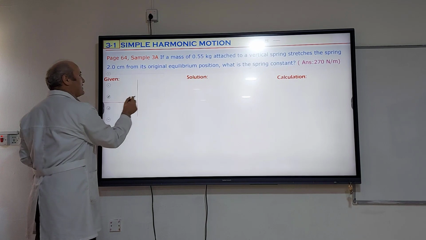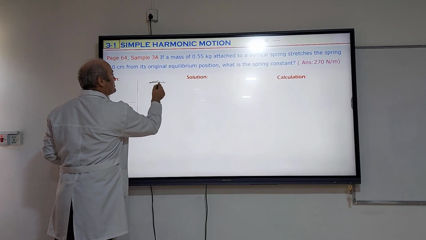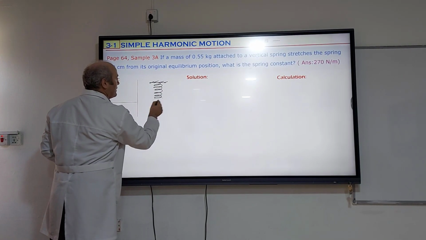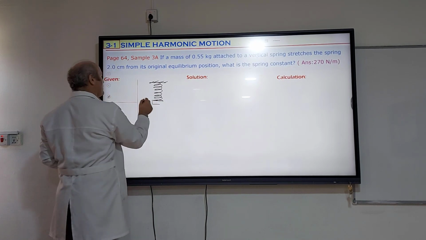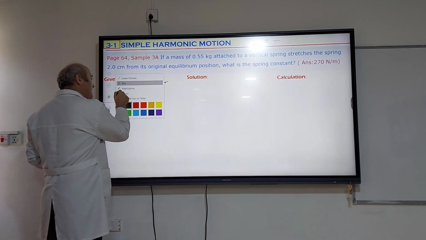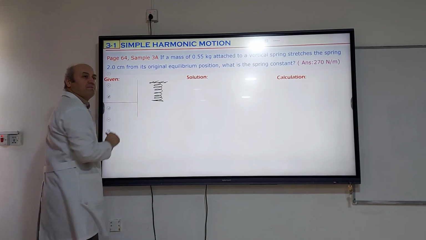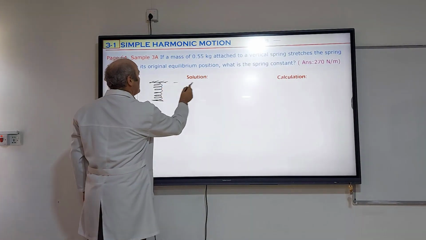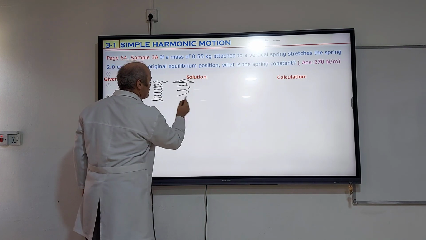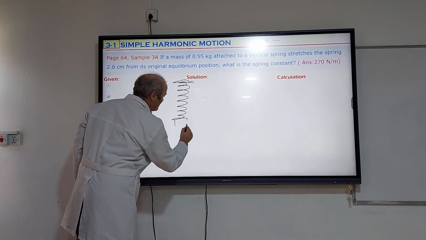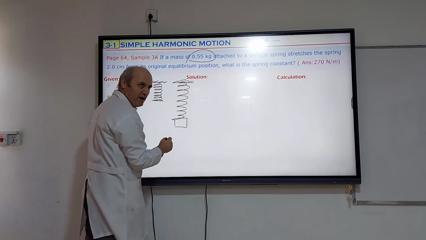So now let me draw the case. There is a spring. This spring is initially unstretched, like this. After that, we are going to attach a mass to this spring. Of course, after attaching the mass, this spring will be stretched. The mass is given as 0.55 kilogram.